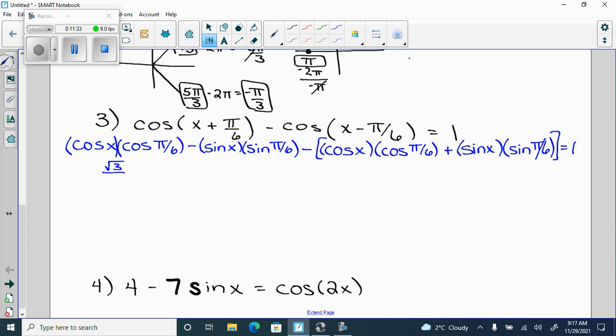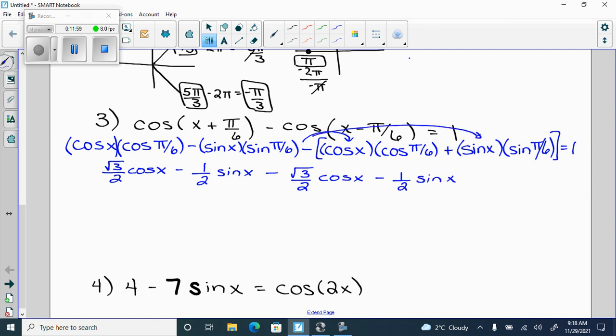So it's root 3 over 2 cos x minus 1/2 sine x. Then technically minus root 3 over 2 cos x minus 1/2 sine x equals 1.